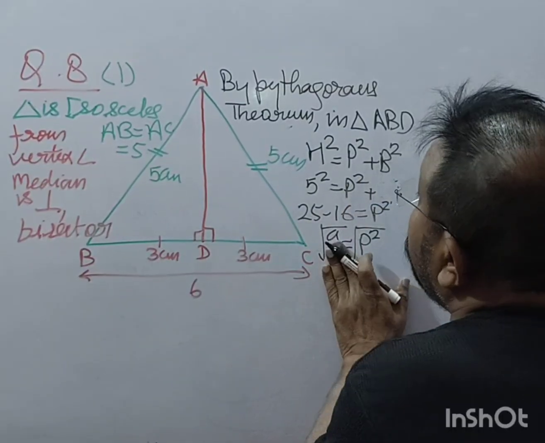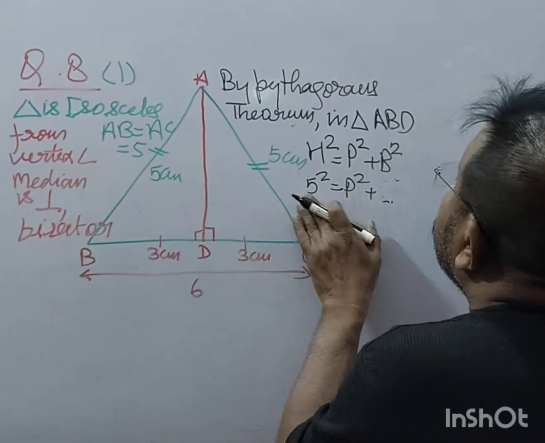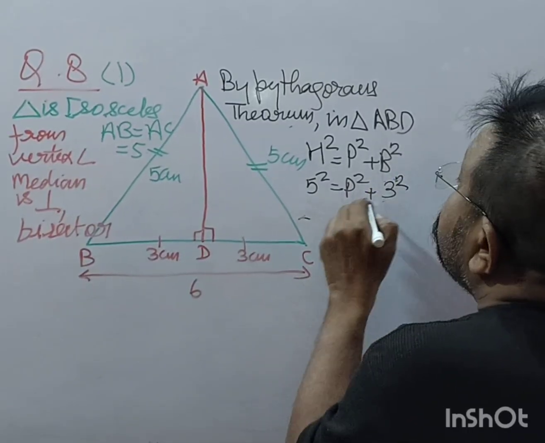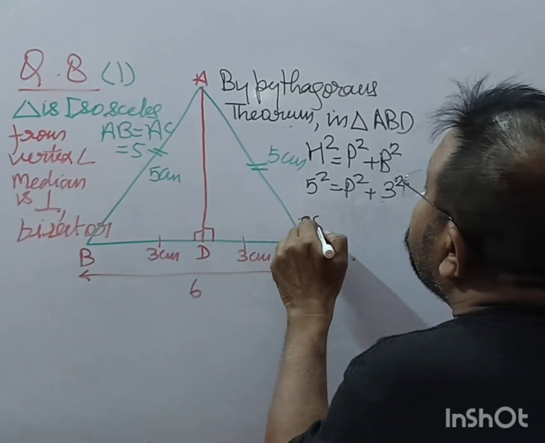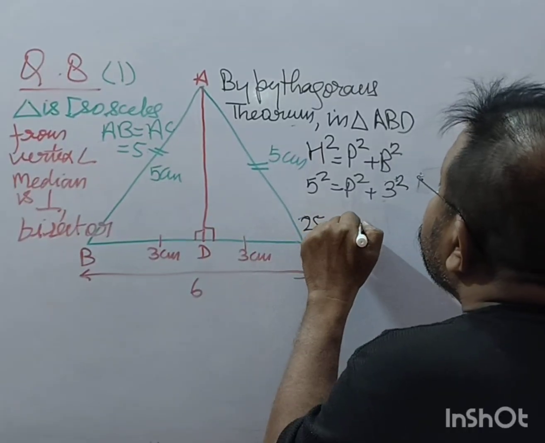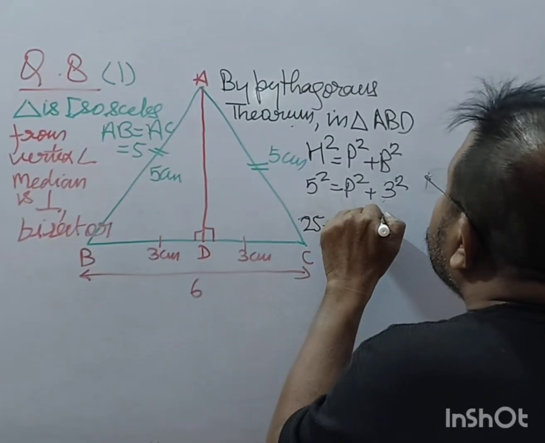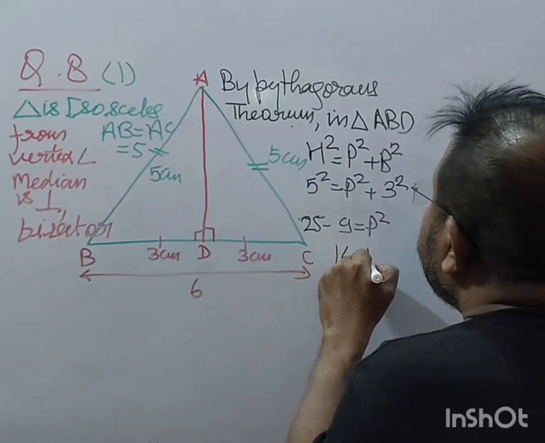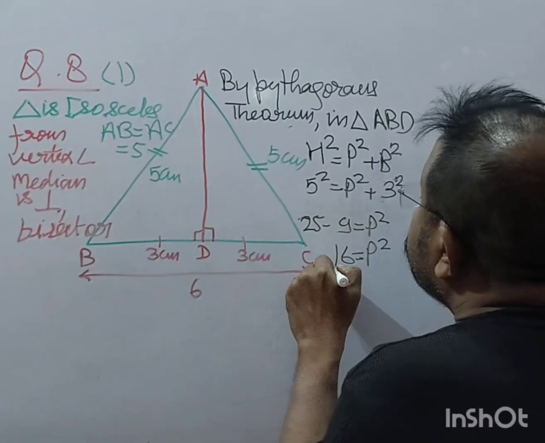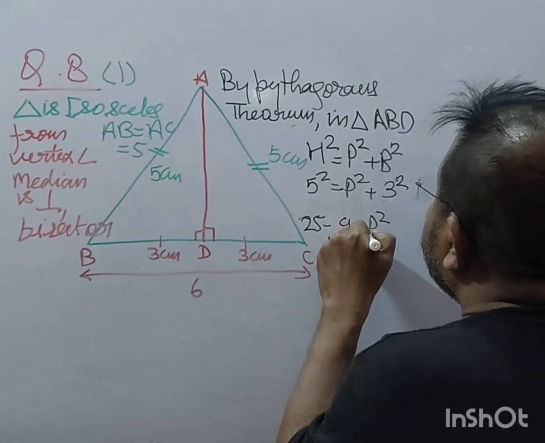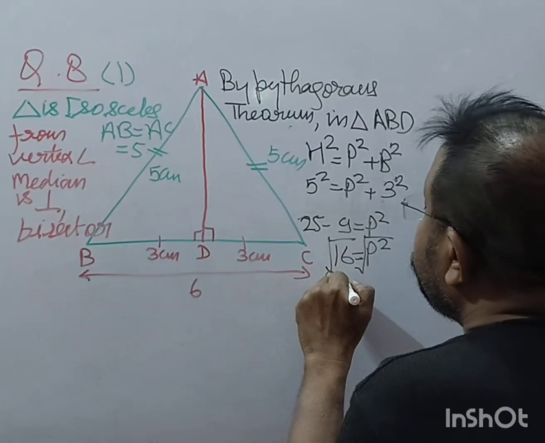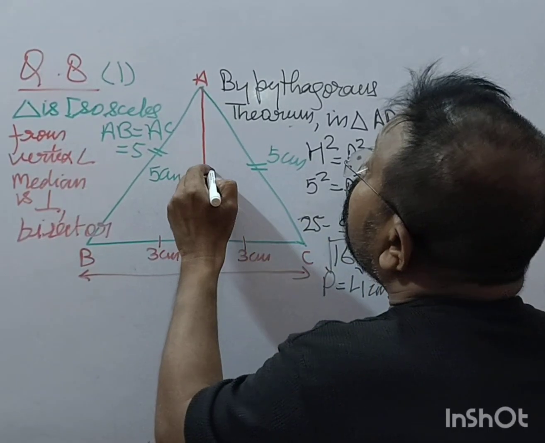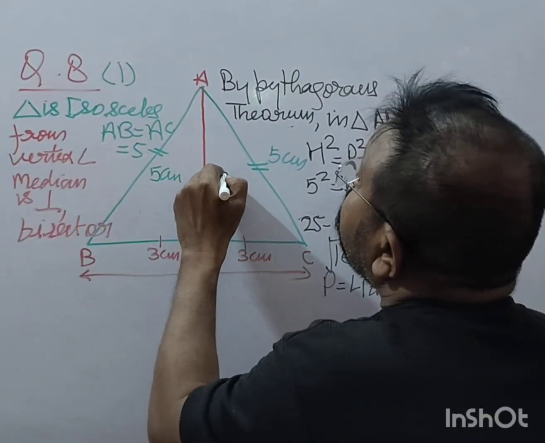So I did it wrong. Base is 3, 3 square. So it becomes 25 minus 9 is equal to p square. So 16 is equal to p square. So taking root, p is equal to 4 centimeter.